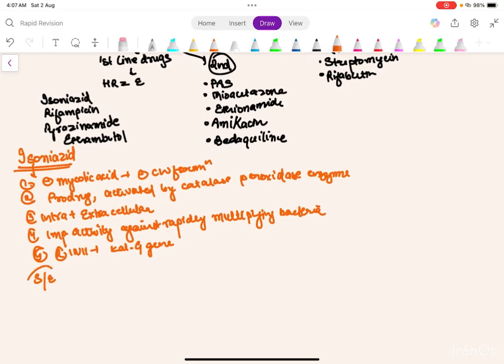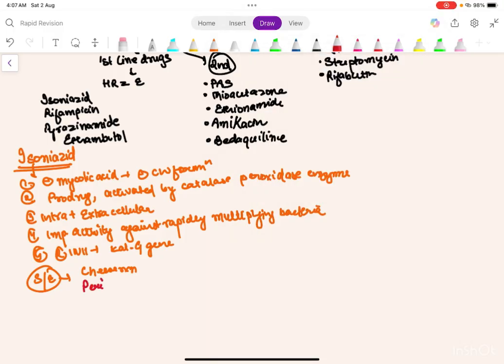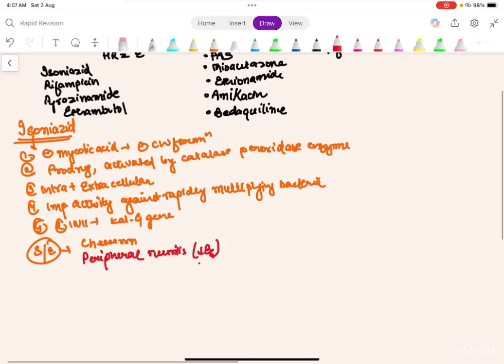Side effects are important in anti-tubercular drugs, so it causes the cheese reaction. Then most important to remember is peripheral neuritis, because it causes deficiency of B6, that is pyridoxine. For prophylaxis you have to give 10 milligram per day, and if the deficiency develops, then it's 100 milligram.